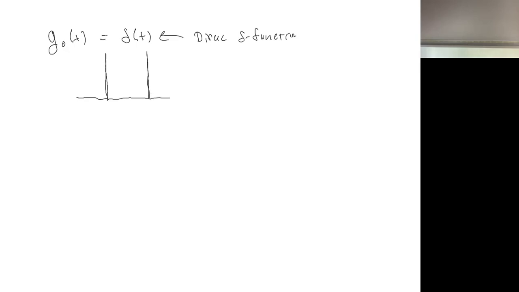So this is G_j(t), and these are spike times. The delta function is very narrow, and the integral of dt delta(t) equals 1.